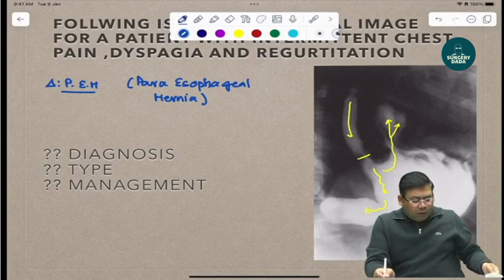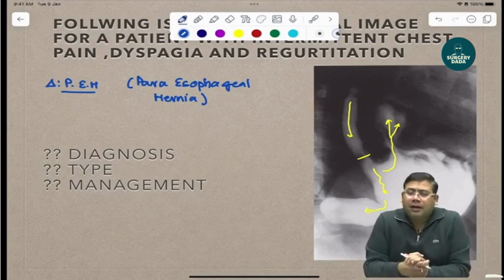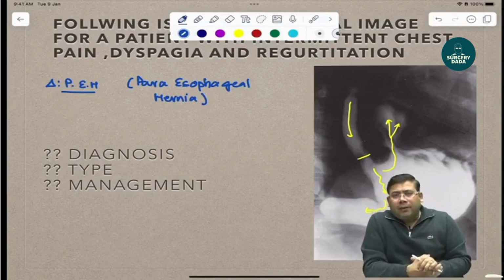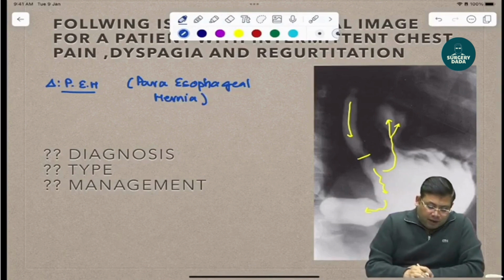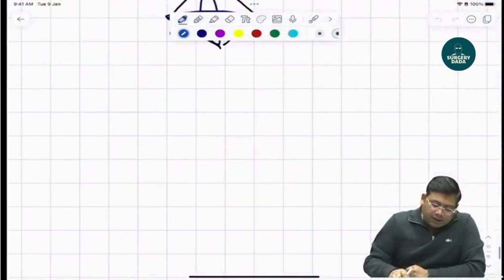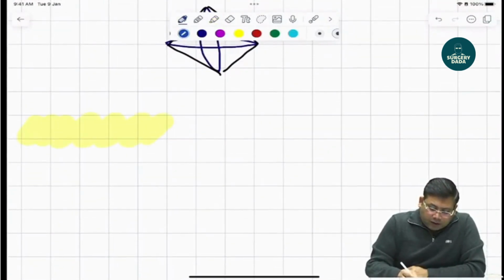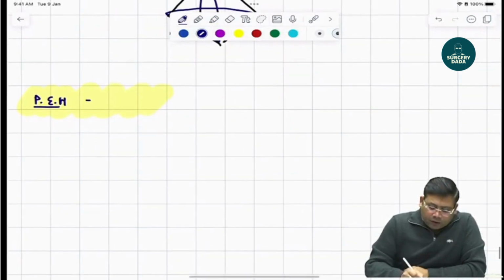Now, when we talk about paraesophageal hernias, what should we be looking at? What are the different types and what is the management? Let us try to understand each and everything in this topic of paraesophageal hernia, PEH. Whenever we talk about PEH, this is also known as hiatus hernia.